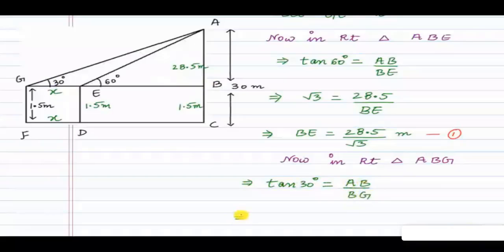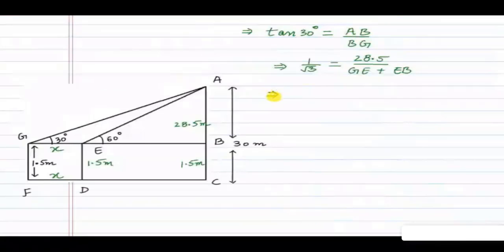We know that tan 30 degrees is 1 by root 3. This will be equal to, in place of AB, we can write 28.5 from our figure, divided by BG. BG we can see is equal to GE plus EB. So we can write here GE plus EB.